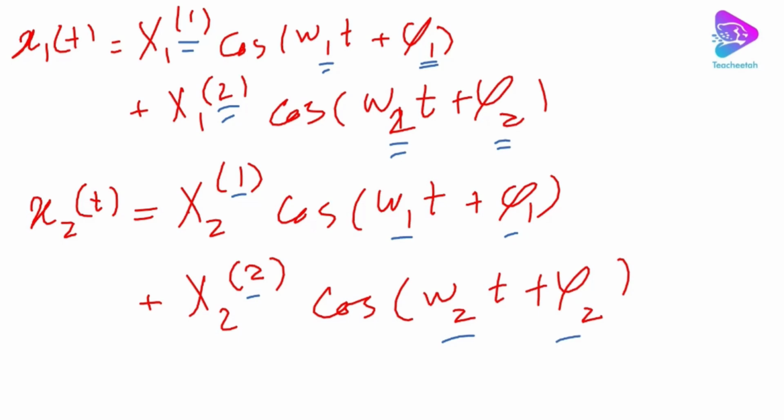So each mass of the system vibrates with the combination of the first mode and the second mode. I'm repeating that because it's a bit confusing, and many students think that the first mode goes to the first mass and the second mode goes to the second mass, which is not true.